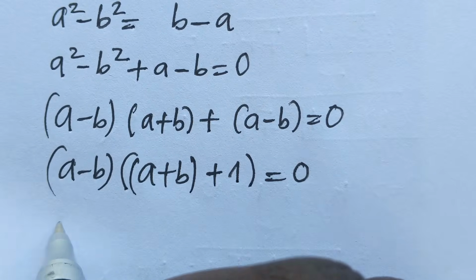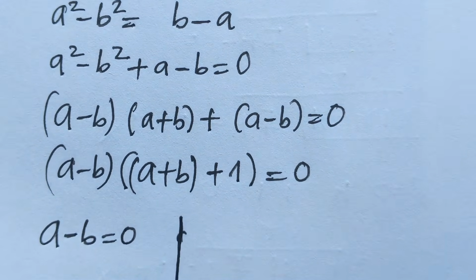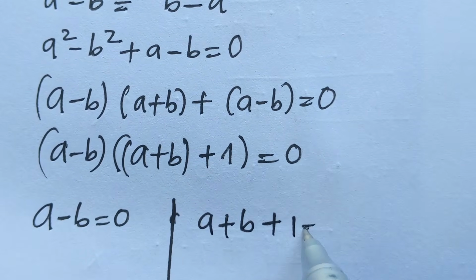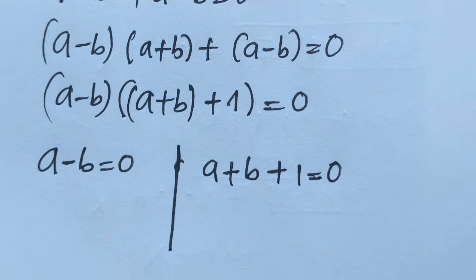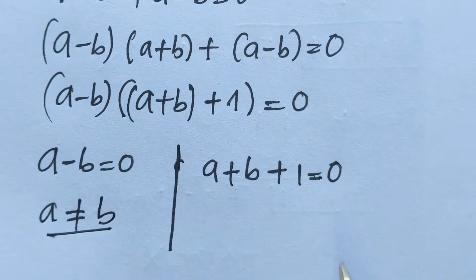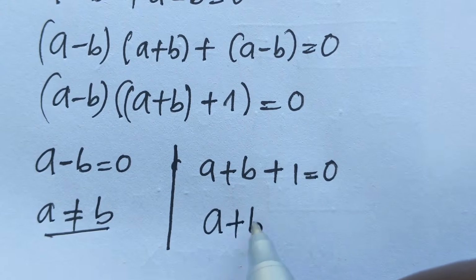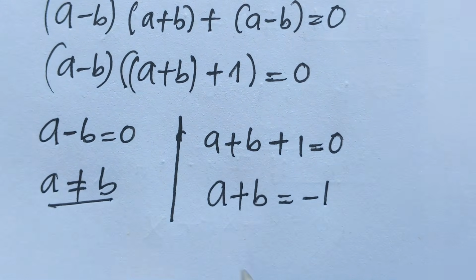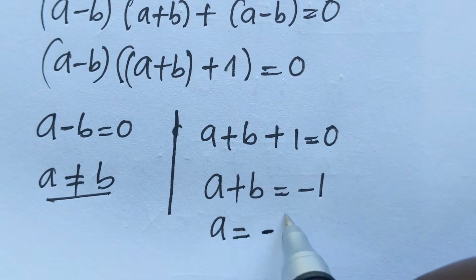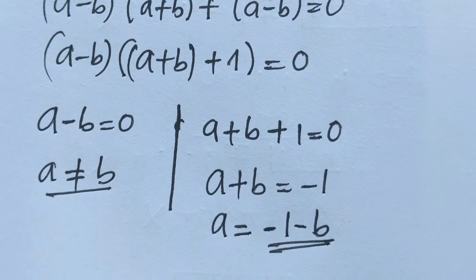At this stage we have a minus b equals 0, and on the other side a plus b plus 1 equals 0. Here a will not be equal to b, as the condition says, whereas here we have a plus b equals negative 1, and of course a will be negative 1 minus b as this value of solution.